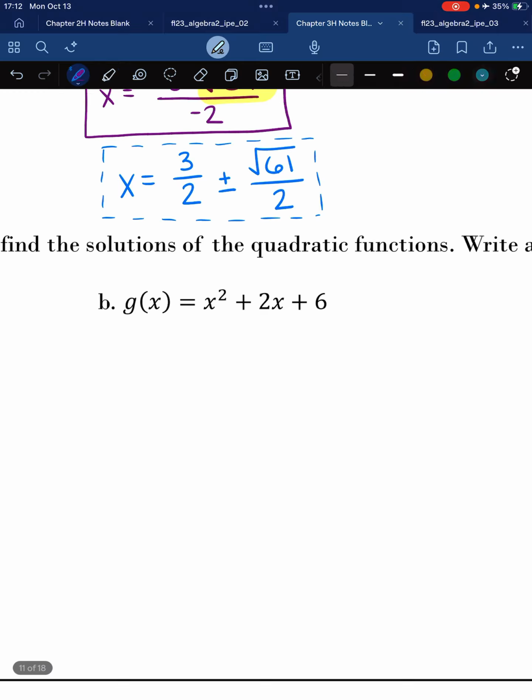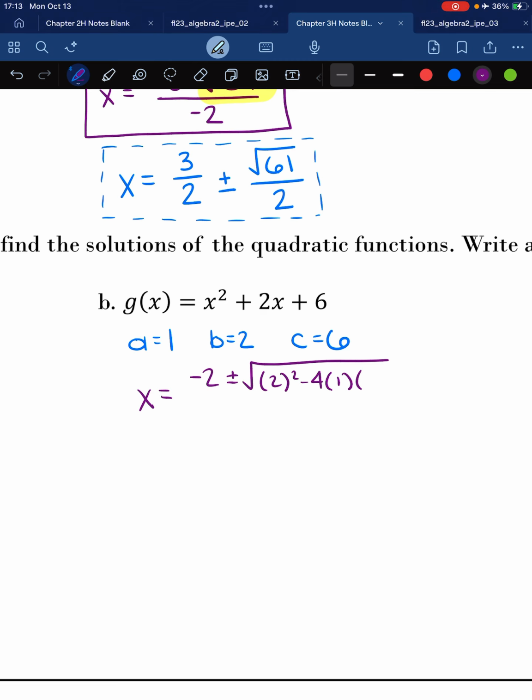Alrighty, so after we do the quadratic formula on B, let's predict what type of answer I'm going to get. So, let's identify a is 1, b is 2, c is 6. x equals -b plus or minus the square root of b squared minus 4ac all over 2a.